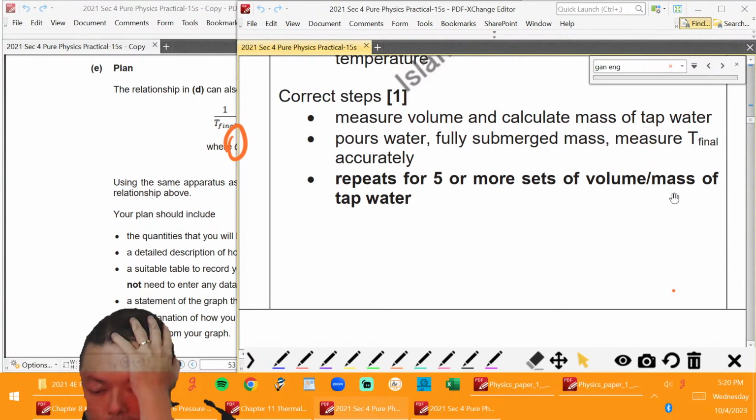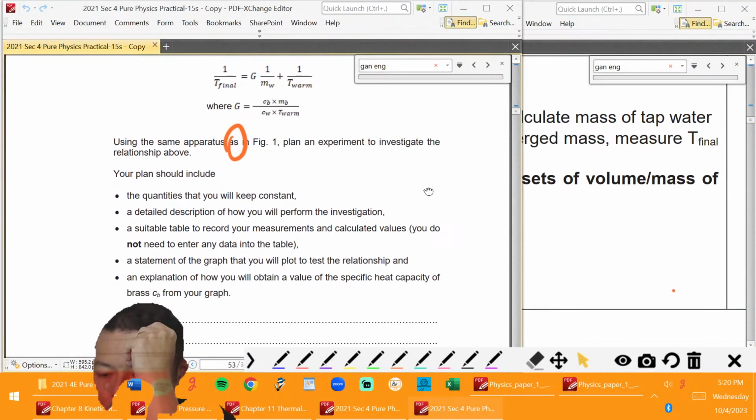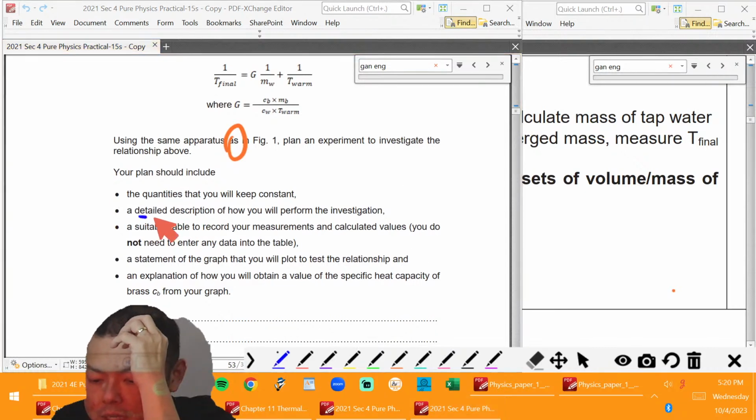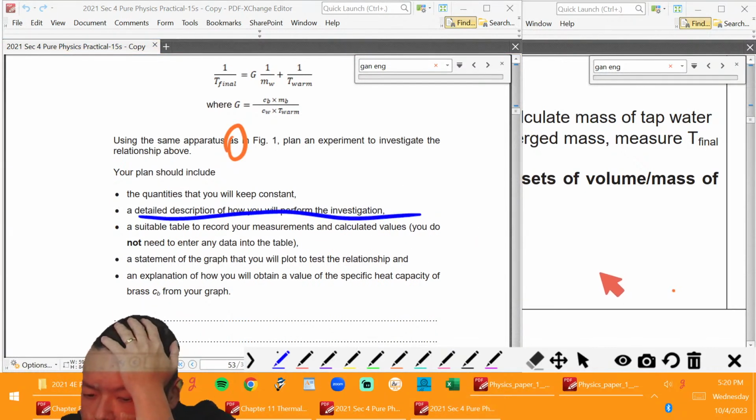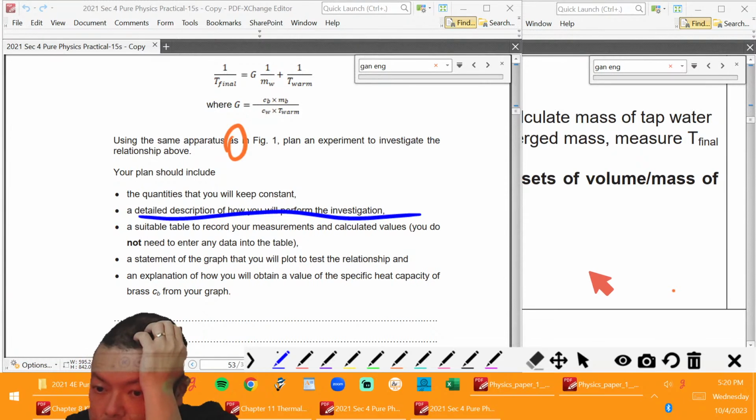All right. Then after that, a detailed description of how you will perform the investigation. So I think pretty much you have to talk about the same things as you did just now. Collect the mass, submerge the mass in the water. Do you have to stir? Did they say stir?